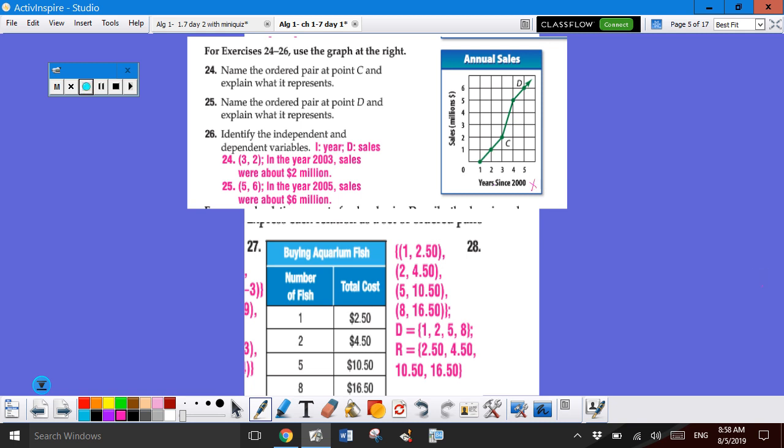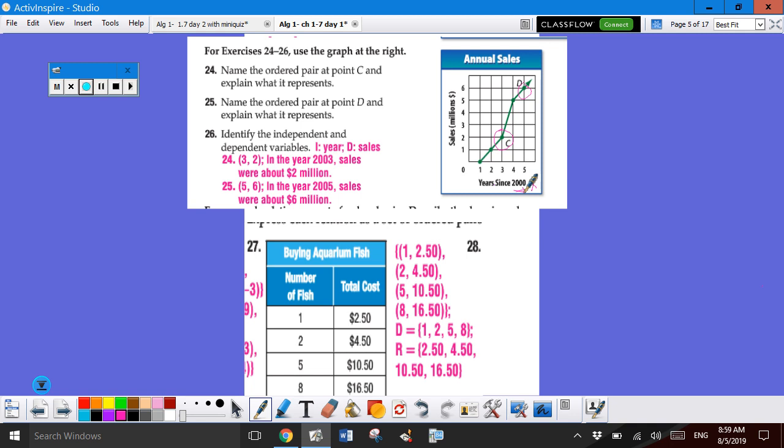So if I'm looking at point D, that in 2005, it'll be 5 years past 2000, I would have made $6 million. But if I look at point C, that's 2003, I made $2 million. So make sure that you are identifying that these are the years past 2000 and what actual year that is.